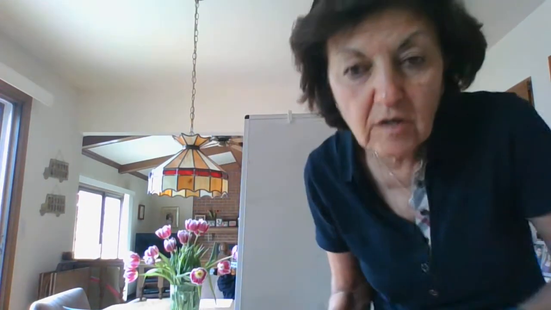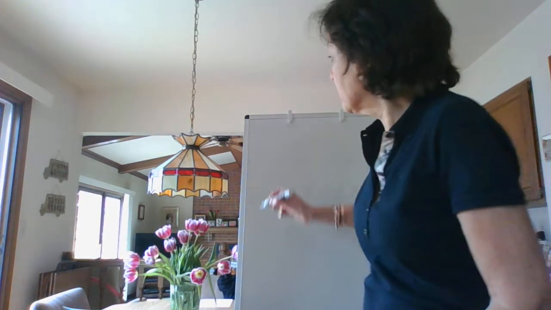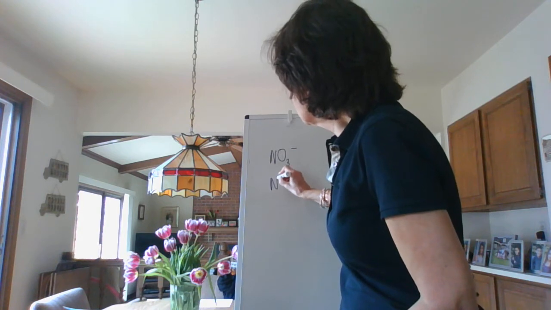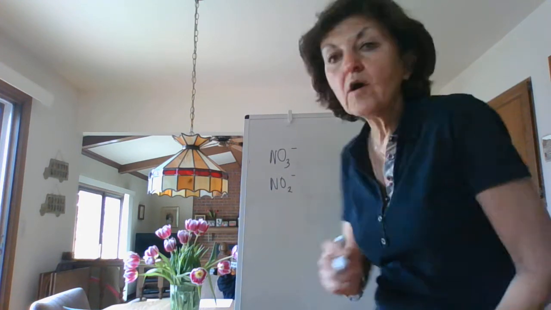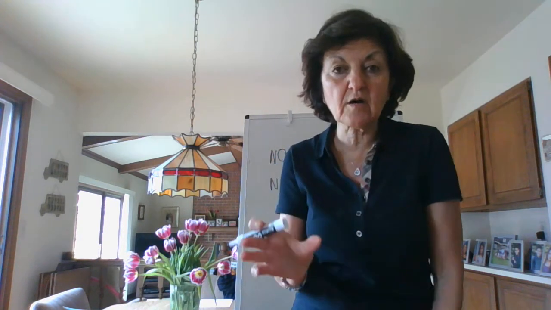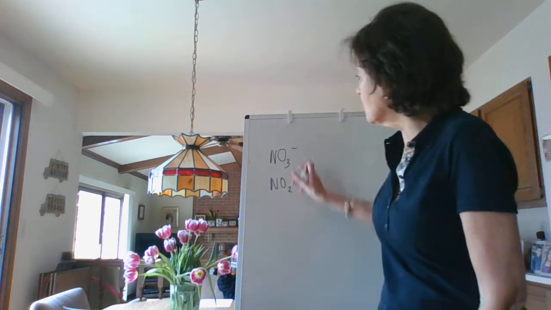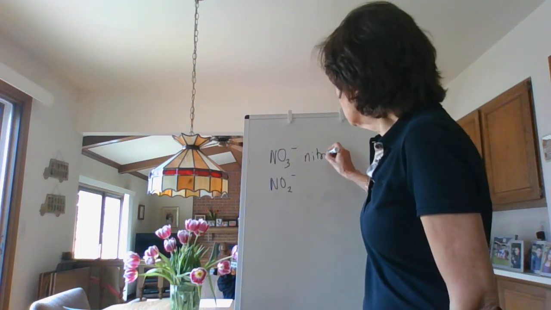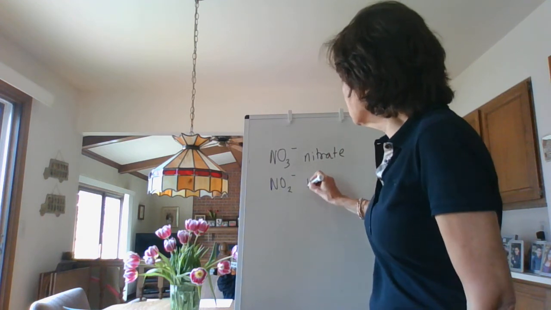So starting off with nitrate. Nitrite. Okay, one way to remember this is to create index cards for each polyatomic ion. Write it on one side and write the name on the other side. So you need to know the formula and the charge. This is nitrate, and this is nitrite.